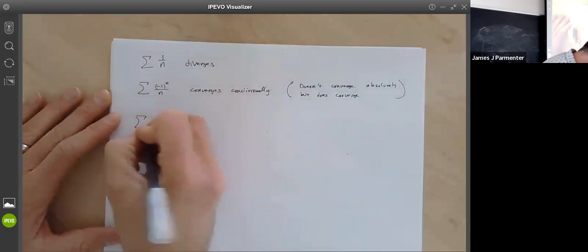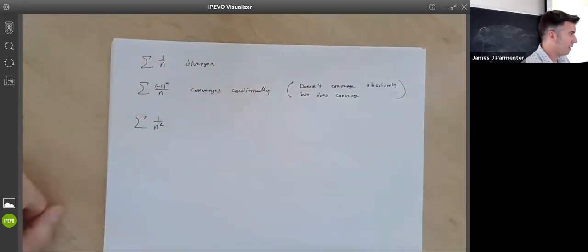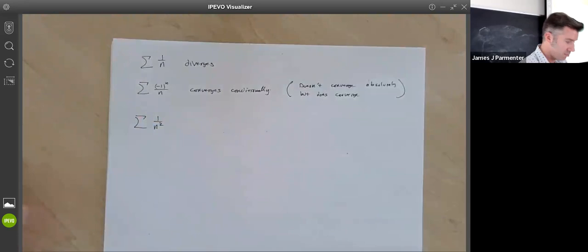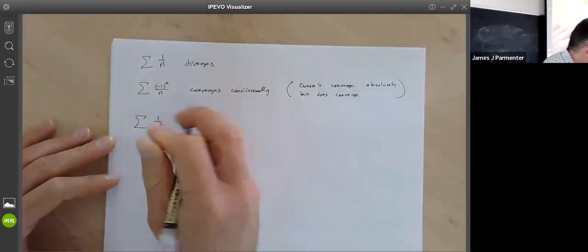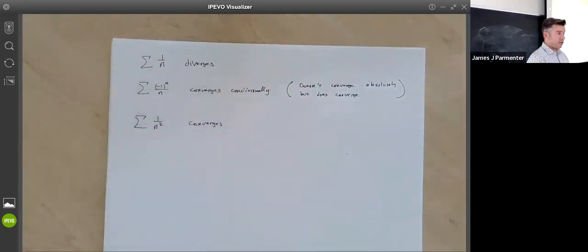This series, the series for 1 over n squared, converges. Now we don't typically use this language because it's just baked in. But if you have a series that isn't alternating, this is just 1 + 1/4 + 1/9, and so on.